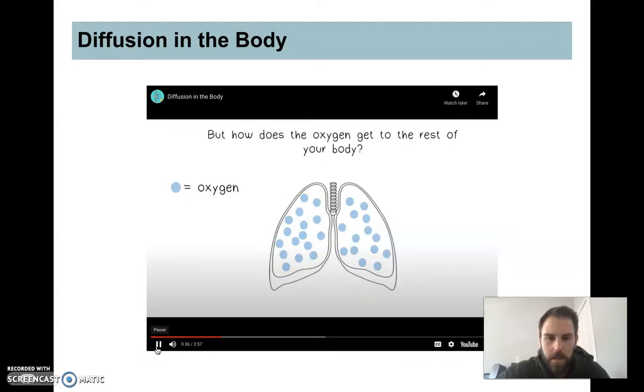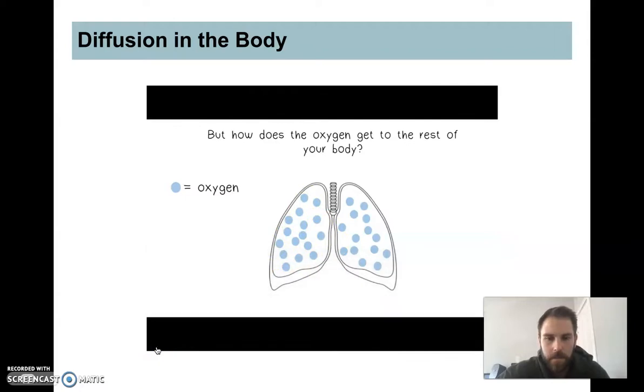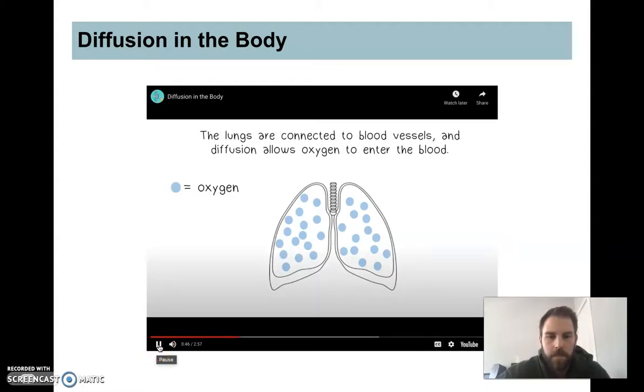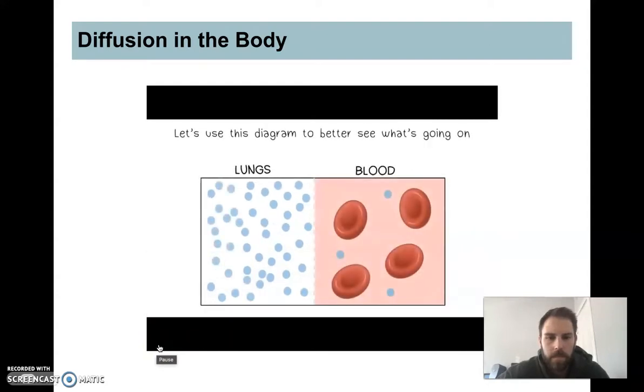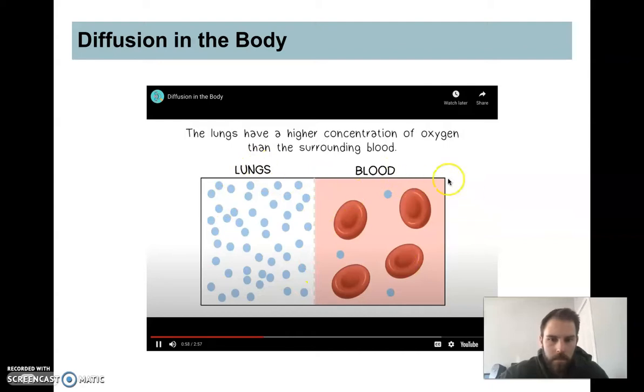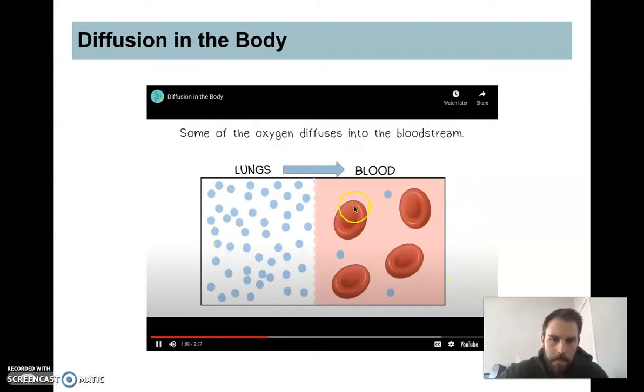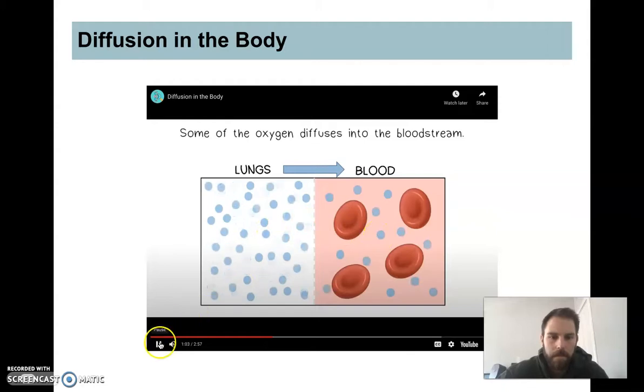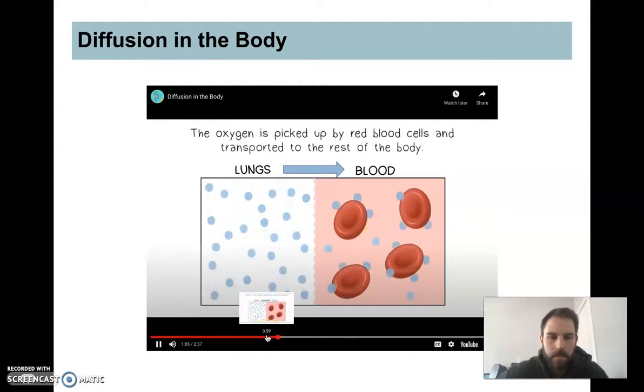Does the oxygen get to the rest of your body? Well, the lungs are connected to blood vessels, and diffusion allows oxygen to enter the blood. Let's use this diagram to better see what's going on. The lungs have a higher concentration of oxygen than the surrounding blood. Some of the oxygen diffuses into the bloodstream. The oxygen is picked up by red blood cells and transported to the rest of the body.